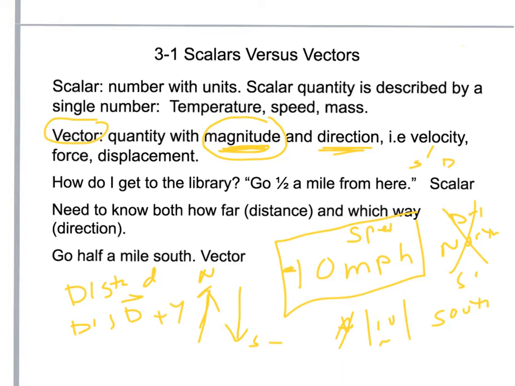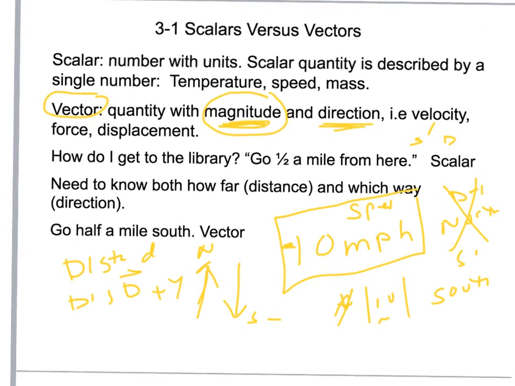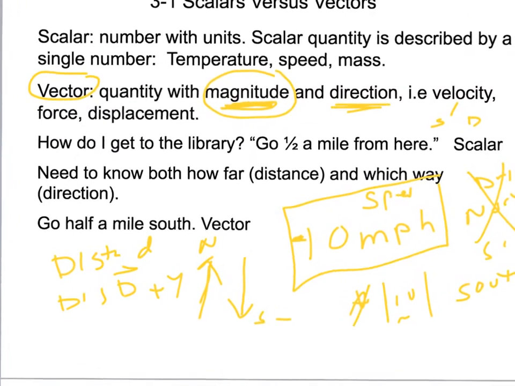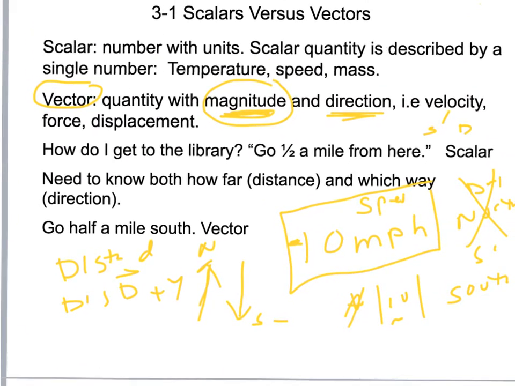If you think back to chapter 2, we said distance is how far you go, and we said displacement is how far out of place you went. So how far out of place gives you that direction, as well as the magnitude.